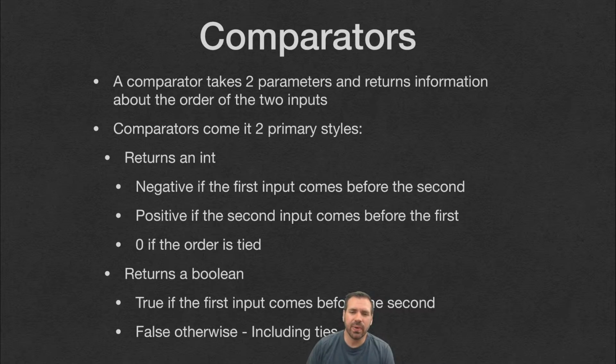And specifically when we want to compare two strings and sort strings alphabetically, these are very handy, especially if we want to ignore capitalization in our strings. That's where this comparator really comes in handy. So we do kind of have to use Java's built-in comparators sometimes, and that style is ints. When we write our own comparators, we're going to write one that returns a boolean. So two different flavors of comparators.